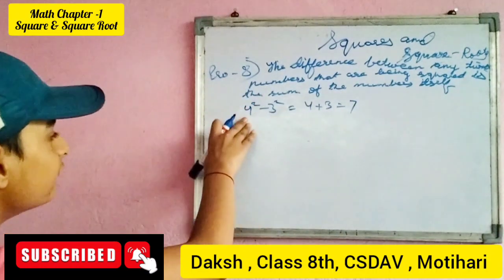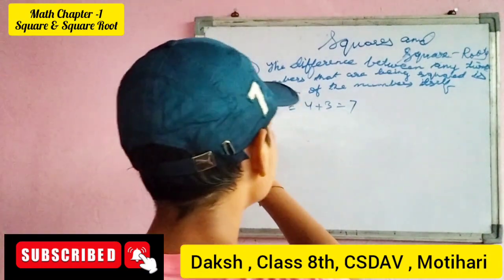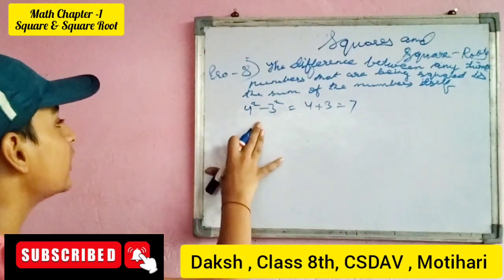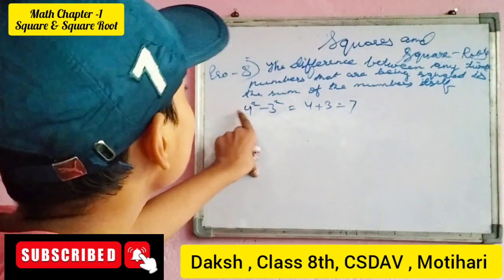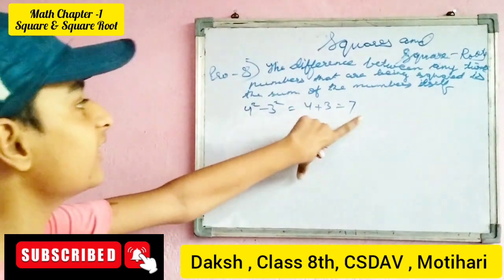So if we want to take out the difference of two squared numbers, we can simply add those two numbers and the difference will be the same.